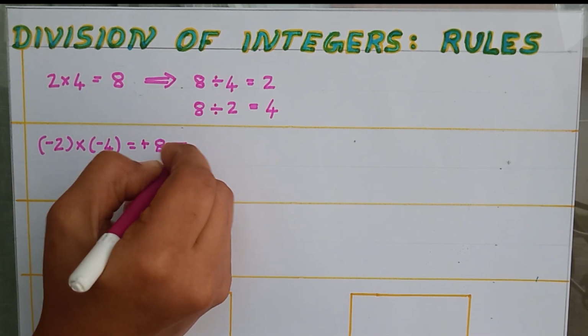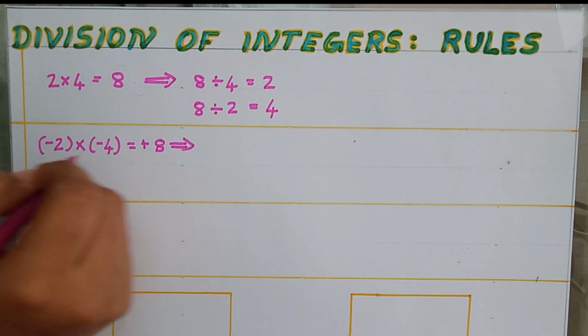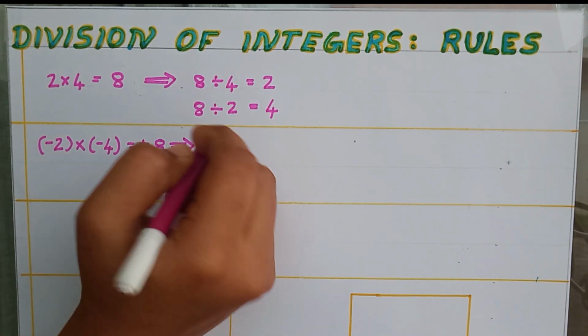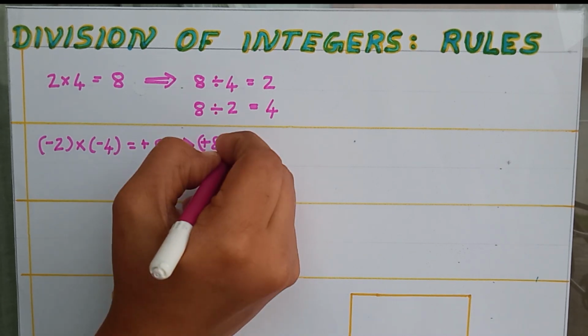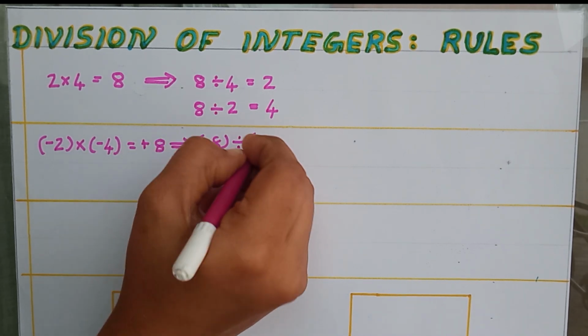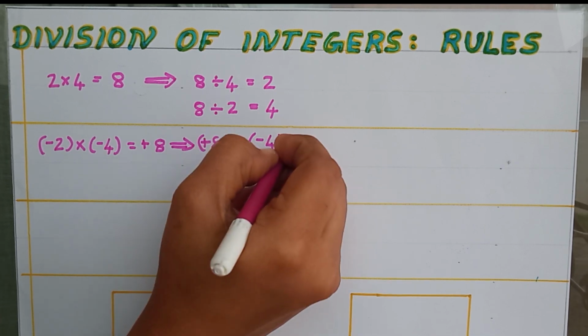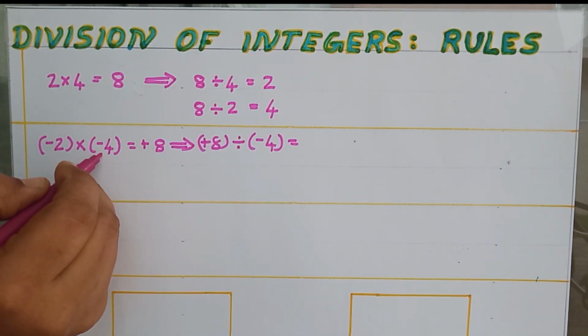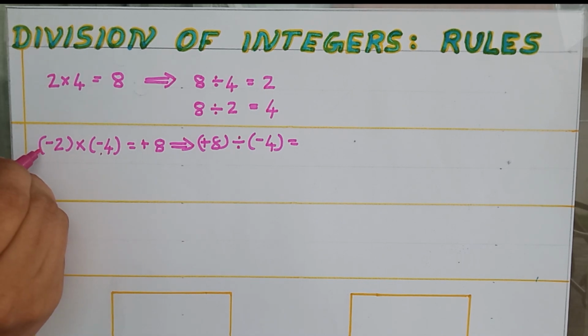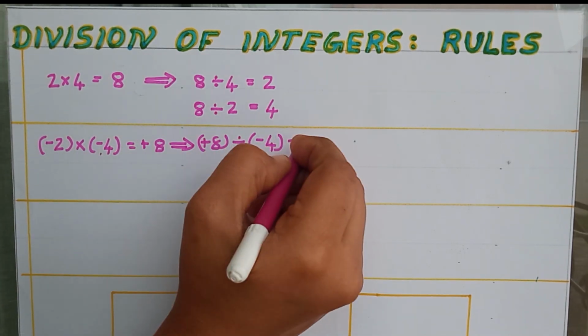In terms of division, this statement can be written as positive 8 divided by negative 4 equal to, what is the remaining number? -2.